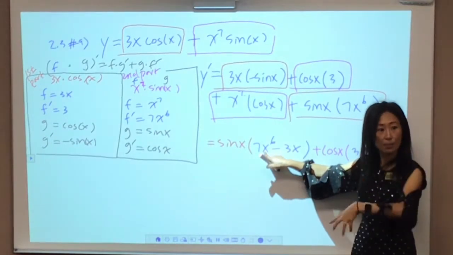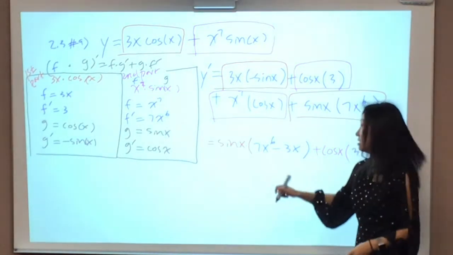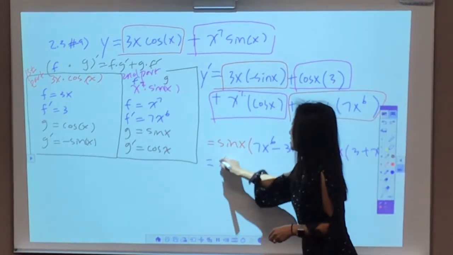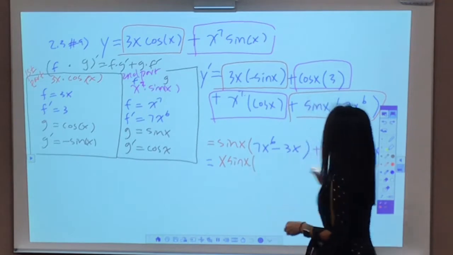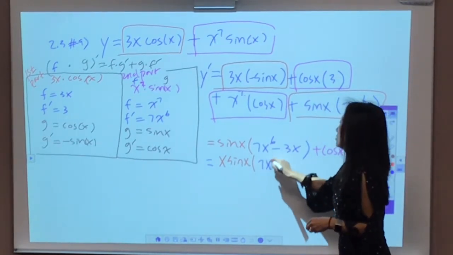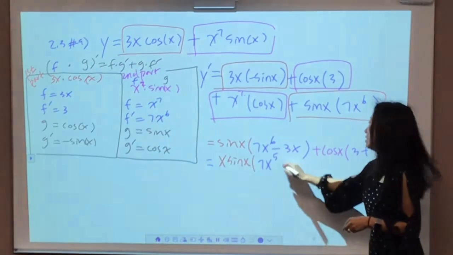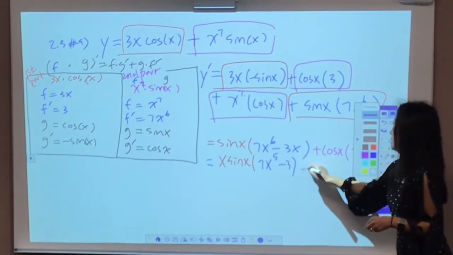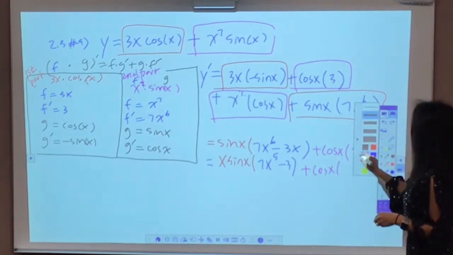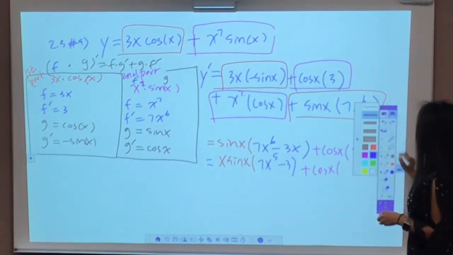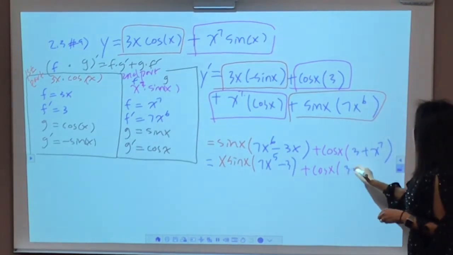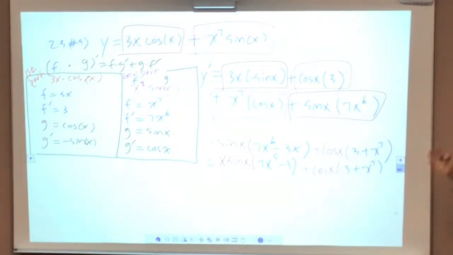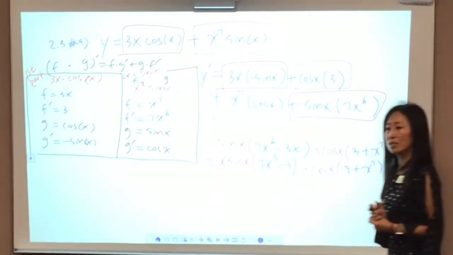I can bring out what? X. So I can go one more step, which is what? X and then sine x. Left with the 7, x to the what? How many power? 5, fifth power, and 3. Yeah, that's what I would do. Seems to me that's completely simplified, because you cannot simplify anymore.